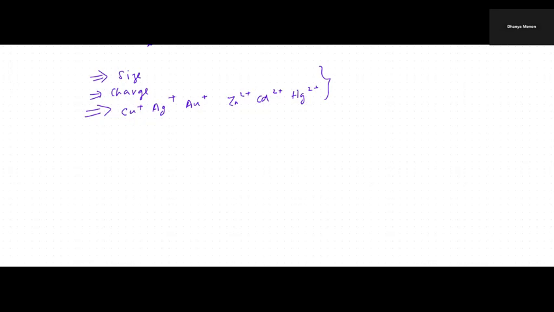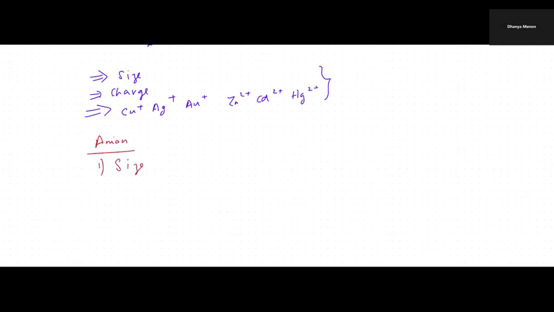So next is for the anion. Which anion gets more polarized? Okay, first is the size.